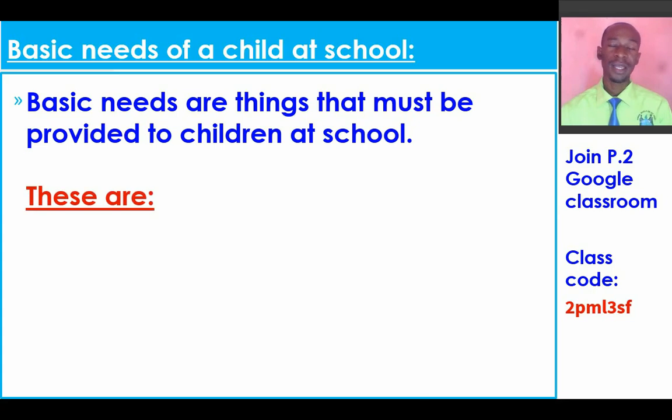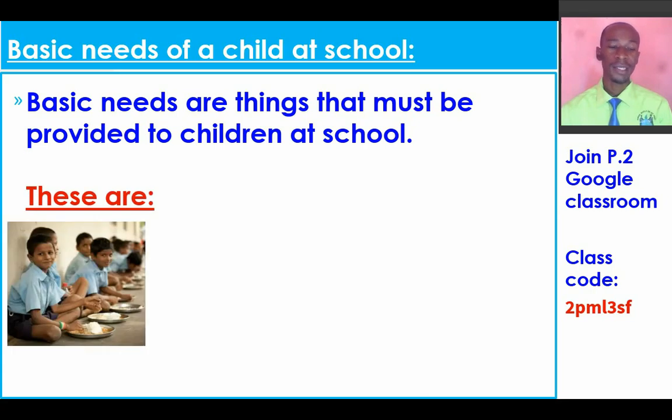Among them, we have one is, according to the picture, what do you see? That is food. Yes, just like I said, some are provided by your parent, some by teachers, but now food. Your parent must pay money to the school. Now the school will provide to you food.